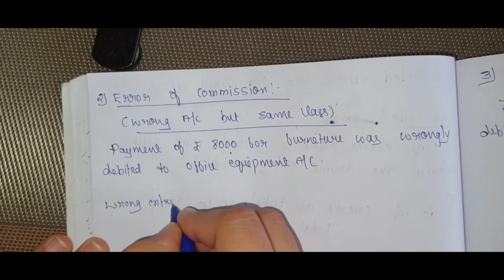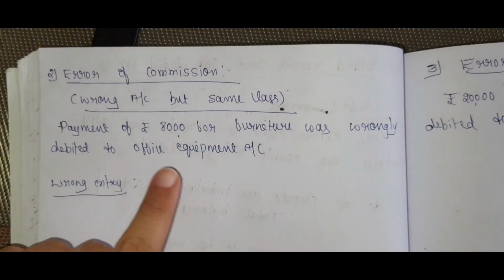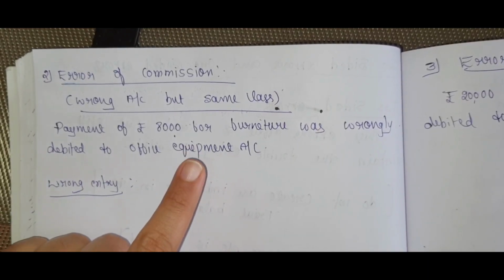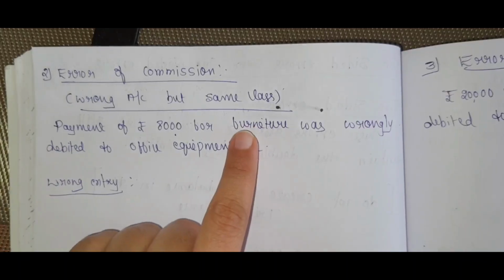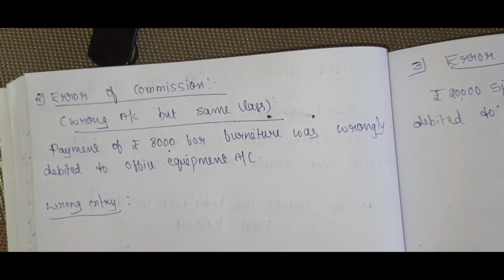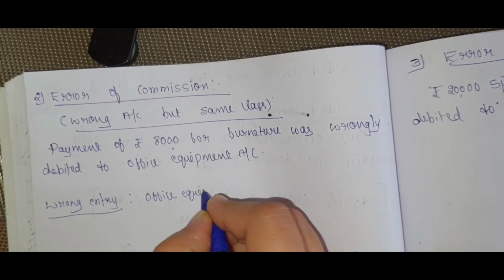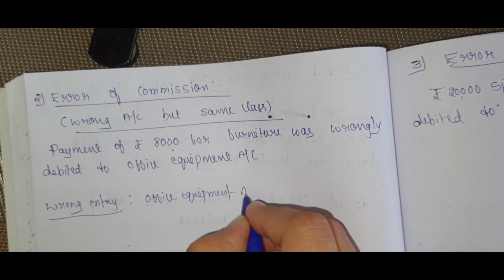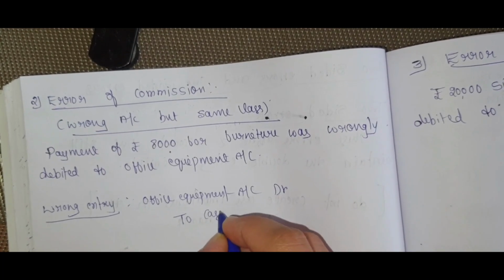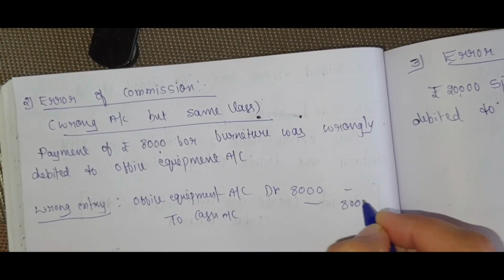According to them, the wrong entry is office equipment account debit to cash account, because instead of furniture account they wrongly debited office equipment account. That is rupees 8,000. This is the wrong entry.